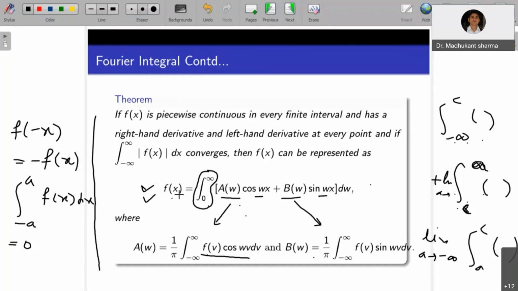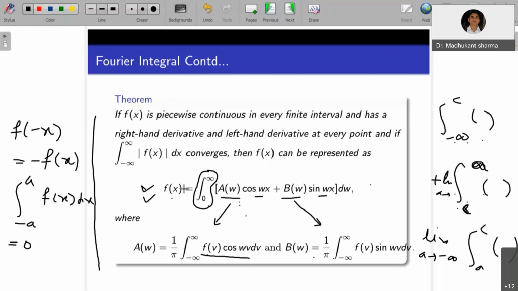That is a special case. If f is neither even nor odd, then you are forced to obtain the Fourier sine integral representation and the Fourier cosine integral representation by substituting a of w equal to 0 or b of w equal to 0 respectively.